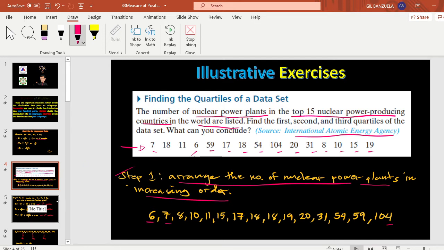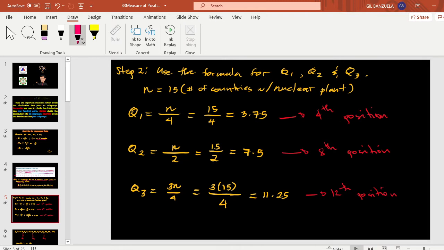After doing so, the next thing is to use the formula for quartile 1, 2, and 3. Please take note that the number of samples we have is 15, because there are 15 countries talked about in this nuclear power plant producing list.